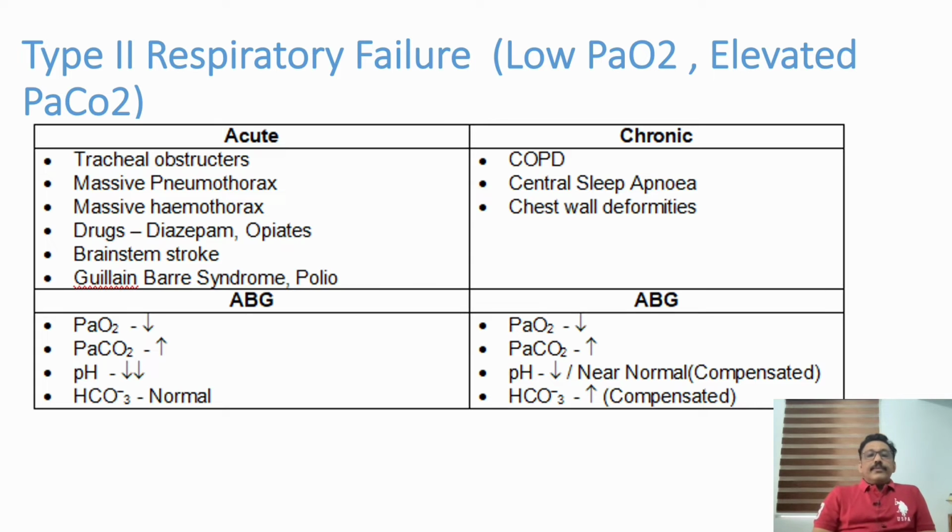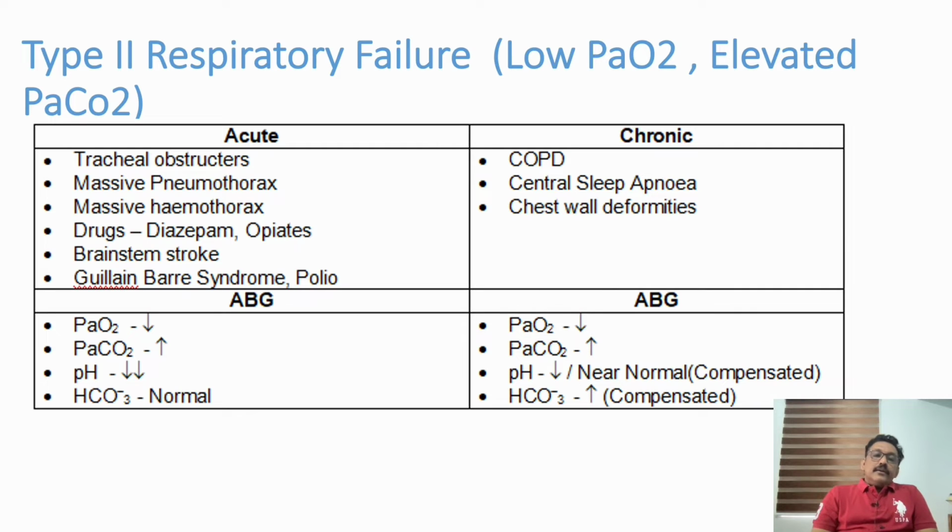Type 2 failure, again, is one of the most important conditions we get in the emergency room. COPD is the most important condition. Central sleep apnea is very, very important. Then other conditions you can see here: acute tracheal obstruction, massive pneumothorax, massive hemothorax, drugs, brainstem stroke, Guillain-Barré syndrome.